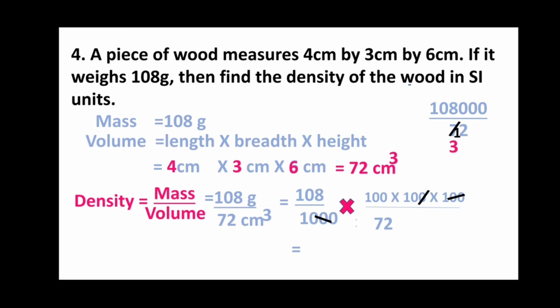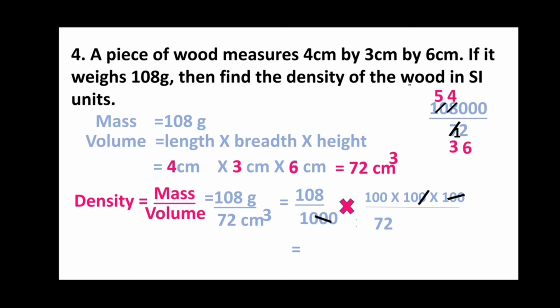How many times 2 will go in 12? 2 6s are 12. How many times 2 will go in 10? 2 5s are 10. How many times 2 will go in 8? 2 4s are 8. Then remaining 3 zeros are there. We will consider it at the last stage.